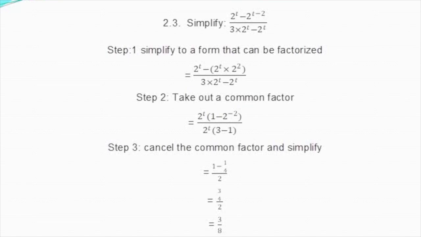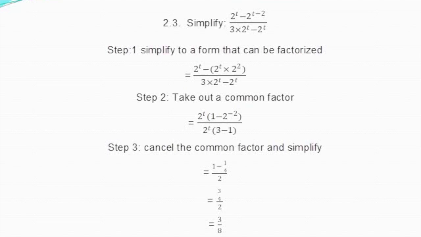We have to apply one of the definitions of exponent that says if we have an exponent that is negative, we need to change it to a fraction. So 2 to the power negative 2 will be 1 divided by 2 to the power 2, and 2 to the power 2 is 4.